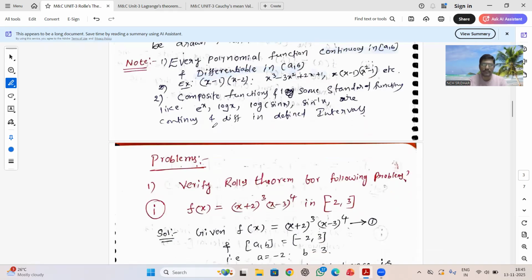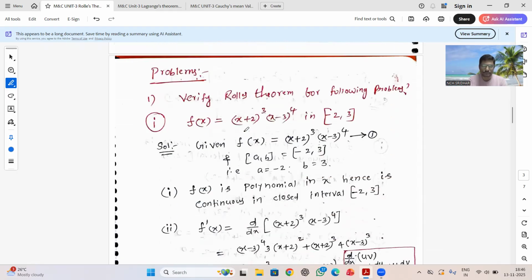Sometimes the function is given as composite functions, that means standard functions like e power x, log of sin x, sin inverse x. If these functions are given, we need to check whether the given function is continuous or differentiable in the defined interval. Now we will go to the problem.